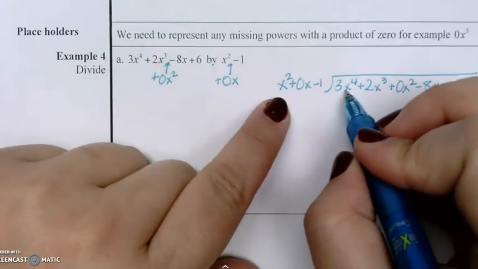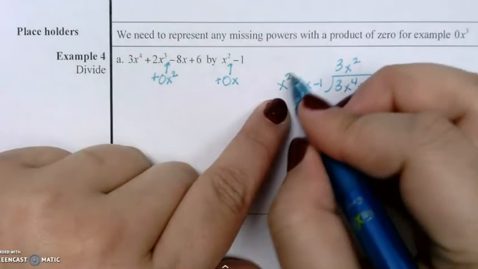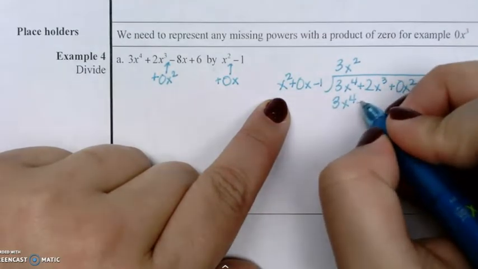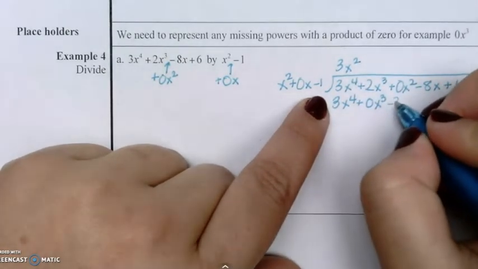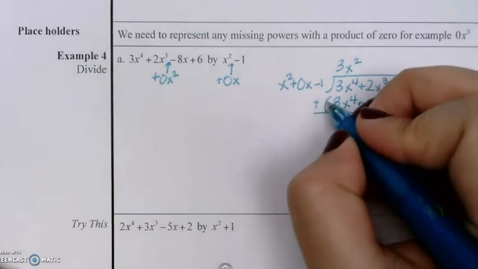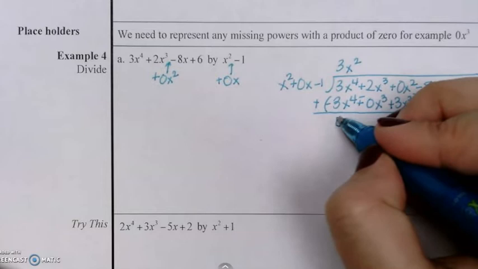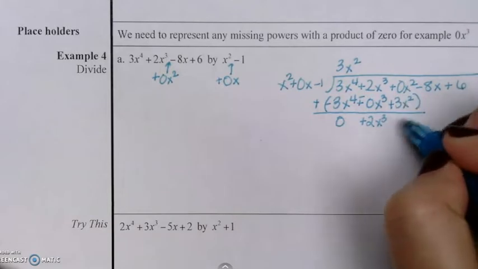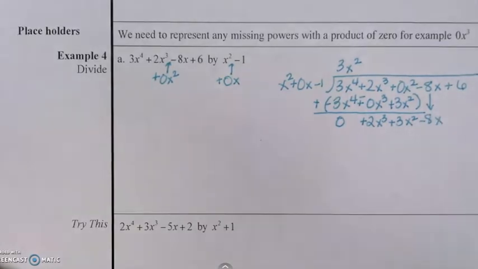So we identify, divide, this goes in 3x squared times, multiply, so distributing to every part of my denominator, 3x to the 4th plus 3 times 0 is 0, x cubed minus 3x squared, and subtract, distributing that subtraction, changing every sign, and then we add 0. 2 minus 0 is plus 2, x cubed, 0 plus 3 plus 3x squared, bring down minus 8x.